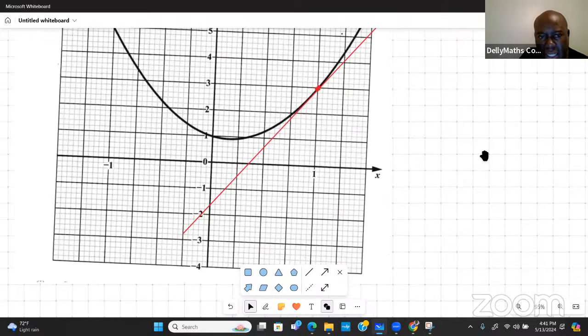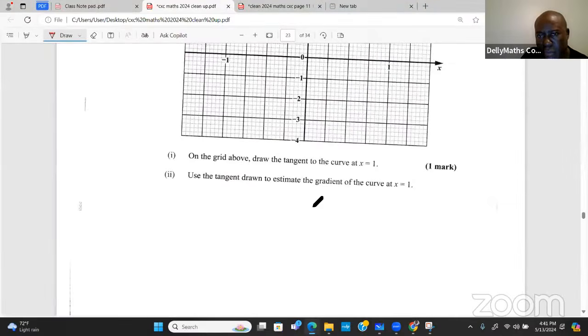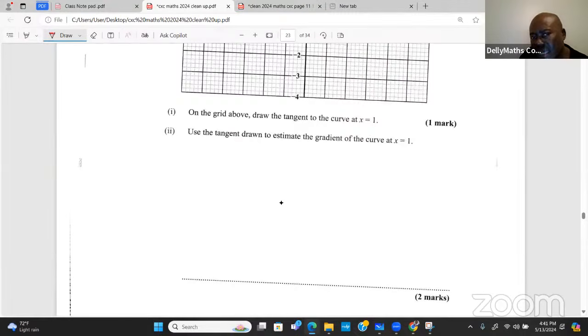Now, let's see what else they want. The next question says, use the tangent, that same tangent that we just put on, to estimate the gradient where x is equal to 1.